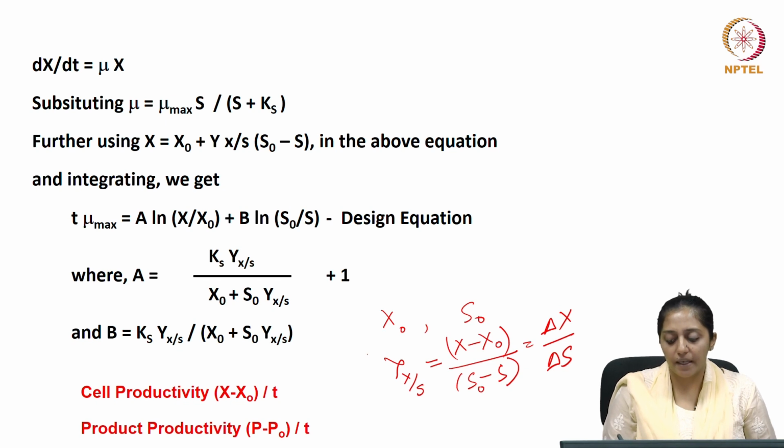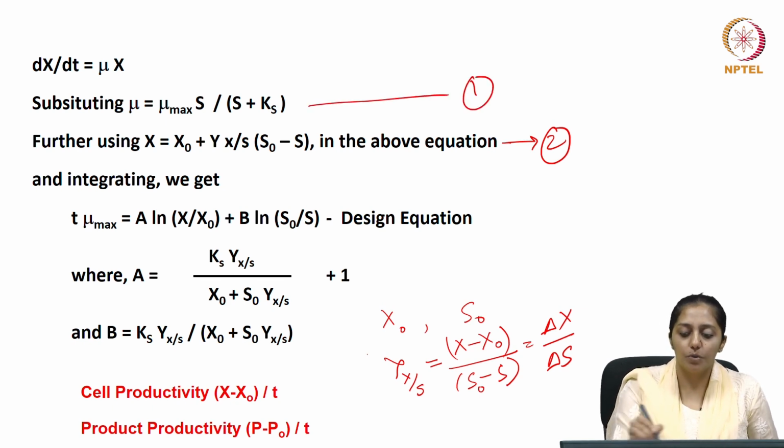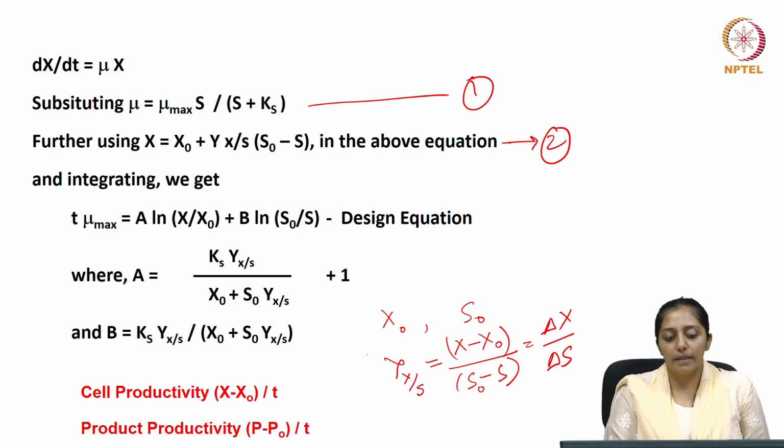So, yield x by S can be written in the form of this equation. So, now we have two equations which are correlating which two variables? The x and the S.